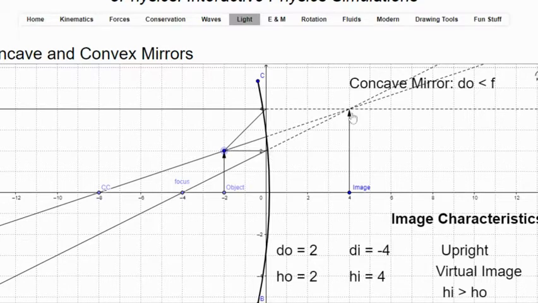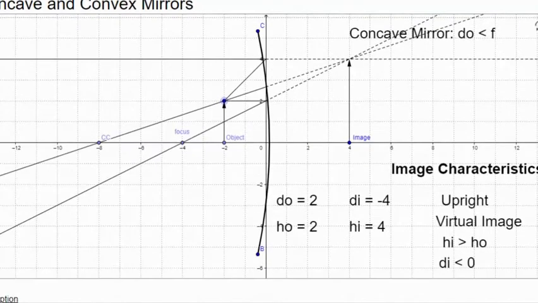Our brain tells us, oh, there must be a point behind the mirror where those light rays do intersect. This image behind the mirror, which is right side up, is what we call a virtual image.